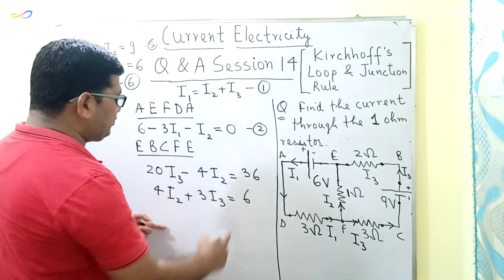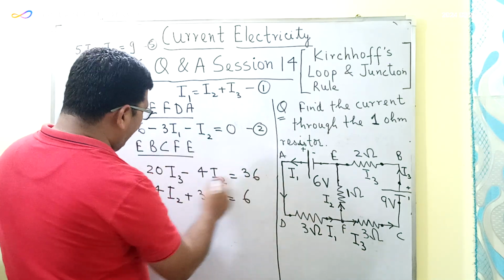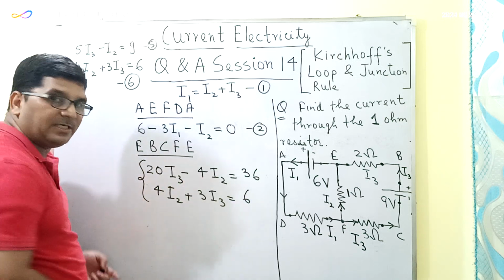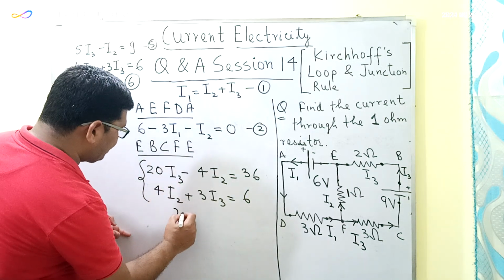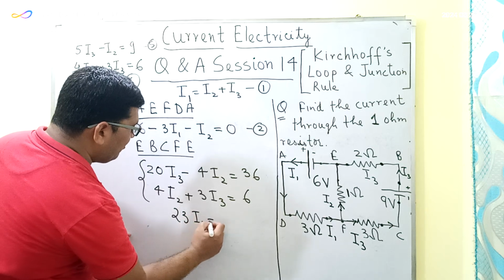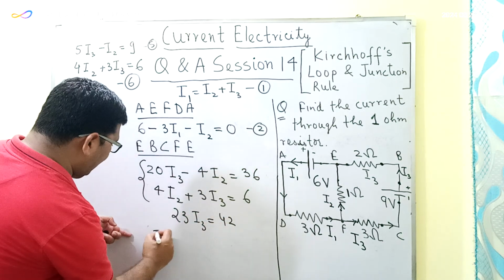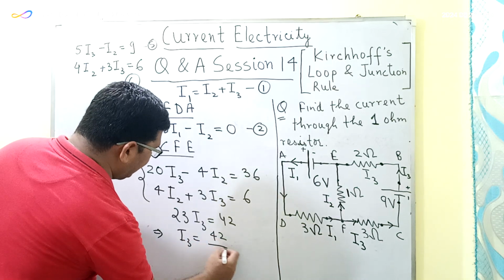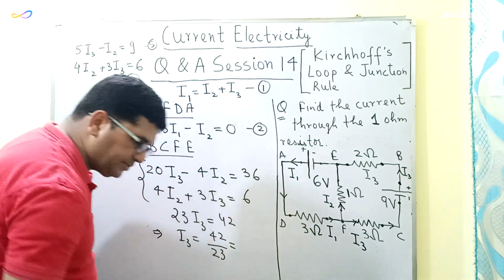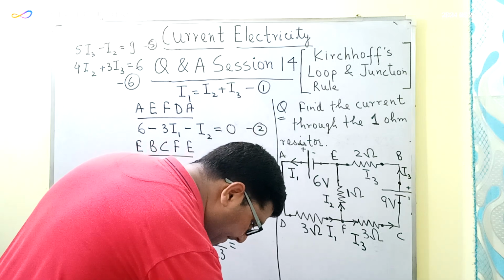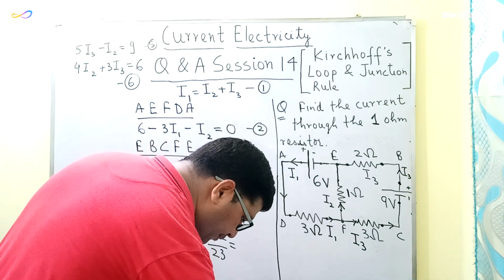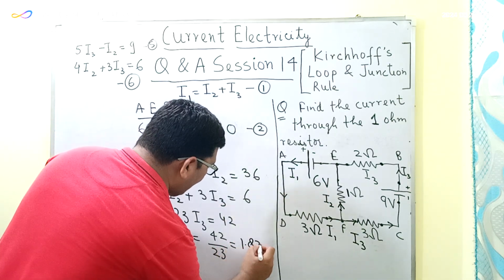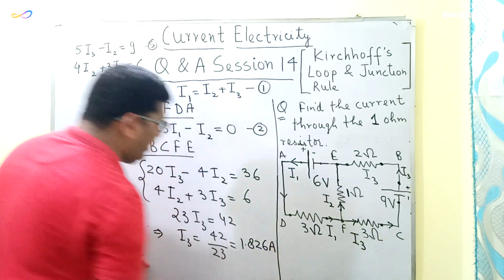So if I add these two equations, since 4I2 and 4I2 will get cancelled out, I will be getting just 23I3 is equal to 42. So it implies that I3 will be equal to 42 divided by 23, which is roughly equal to 1.826 ampere.